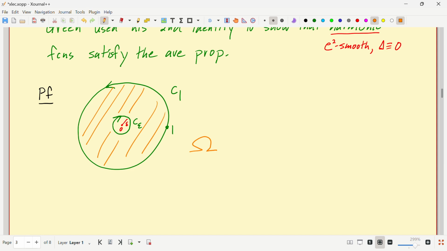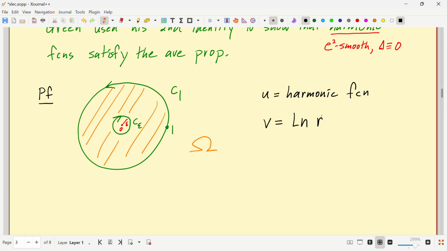My function u is going to be the harmonic function, and v is going to be a special harmonic function, namely the natural log of the radial direction.